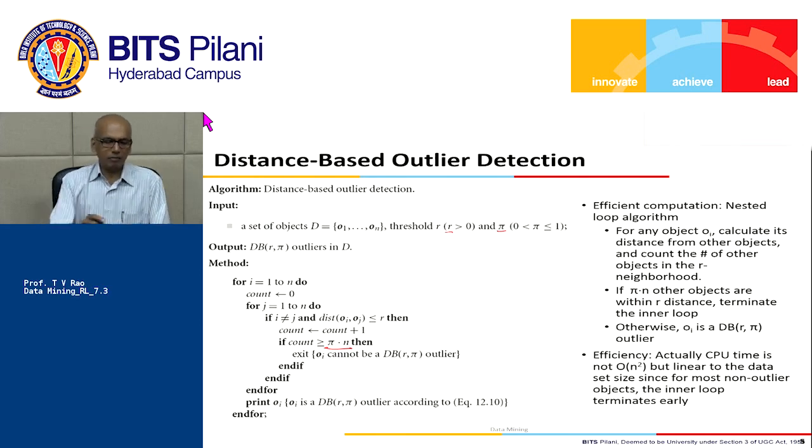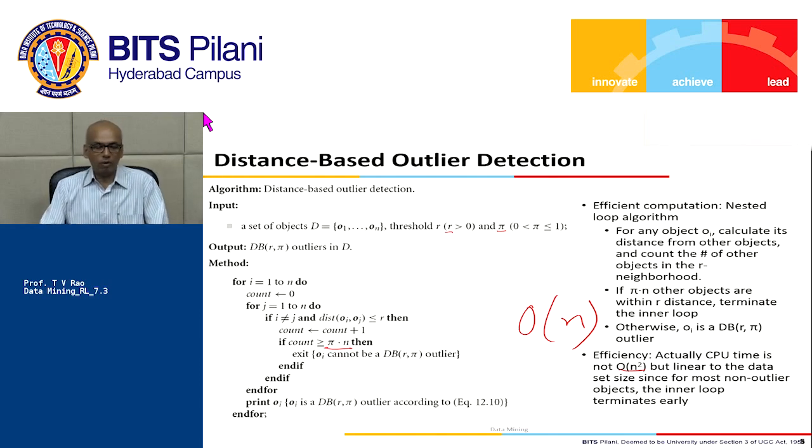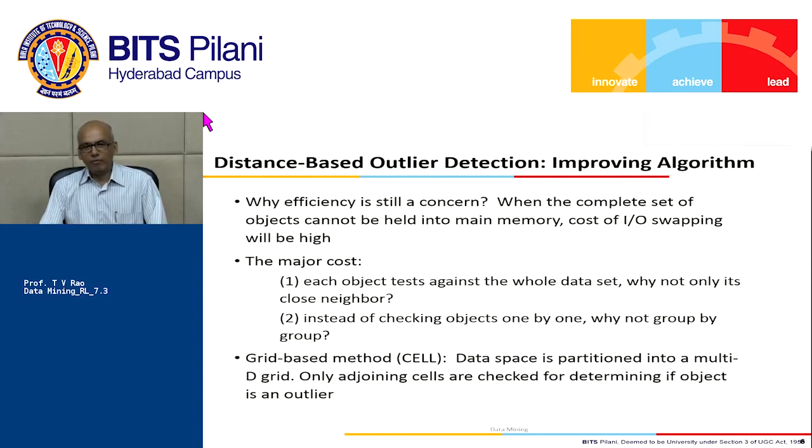So even though there are two loops of size n, instead of having n squared as the time complexity, it may turn out to be much smaller than n squared. It may in fact turn out to be something of the order of n for executing this algorithm.